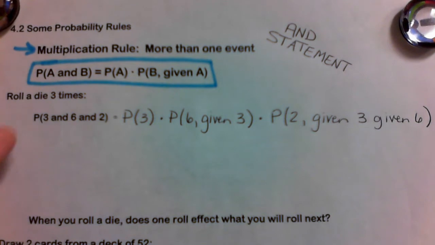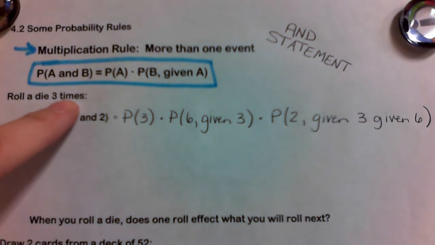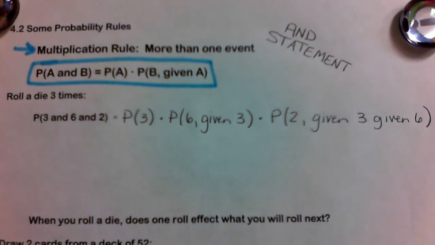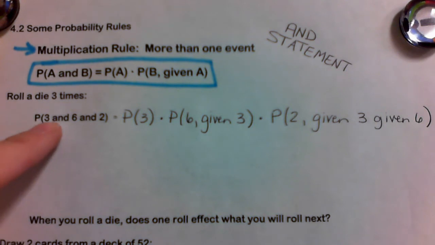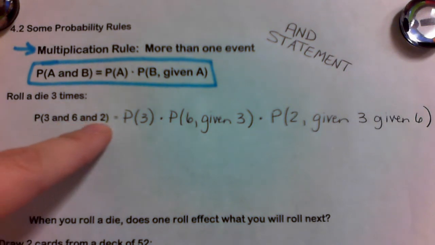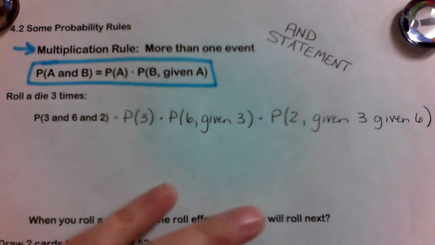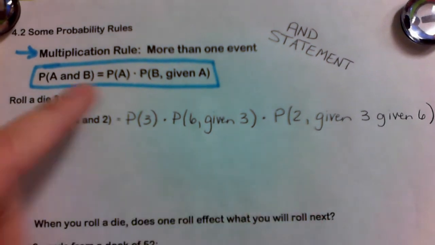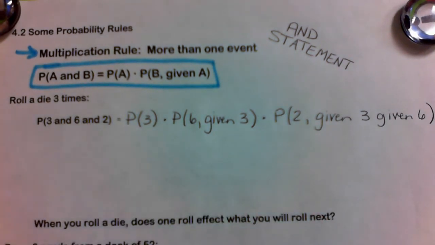So here's an example. If you're going to roll a die 3 times, so we have more than one event occurring. Event 1 would be rolling it the first time, event 2 would be the second time, and event 3 would be the third time. If we were asked to find the probability that we get a 3, and then a 6, and then a 2, it is an and statement, so we know we're going to use multiplication.